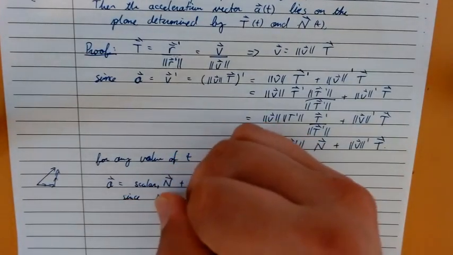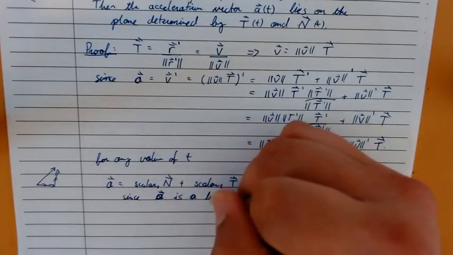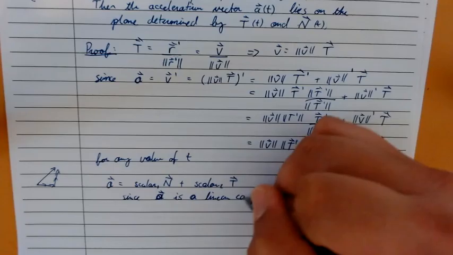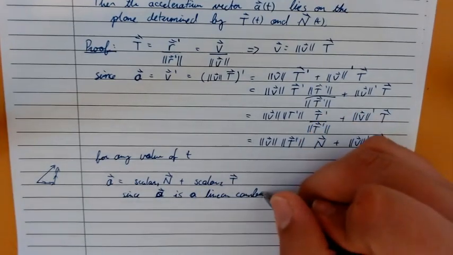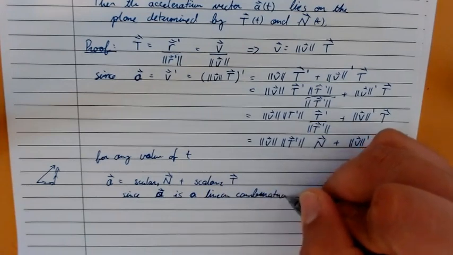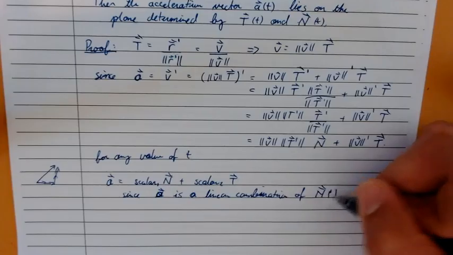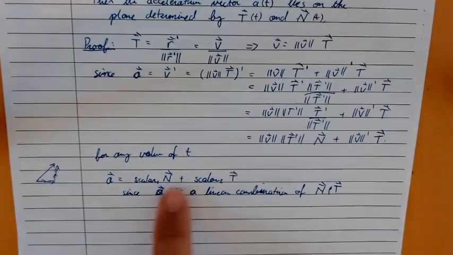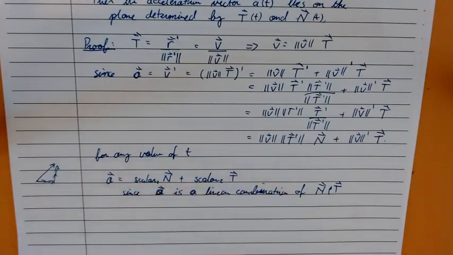Since a is a linear combination of n and t, that means there are no components of a that don't come from either n or t.